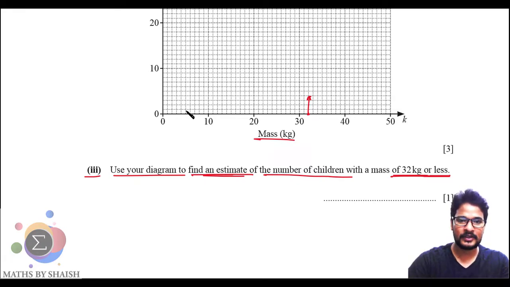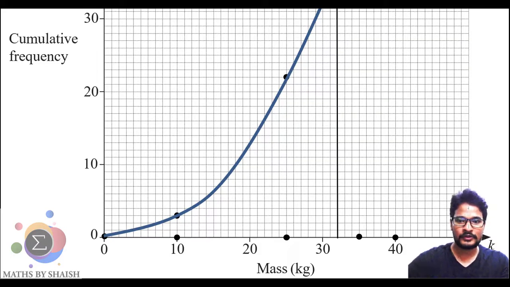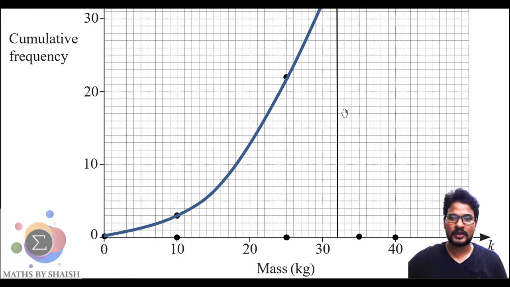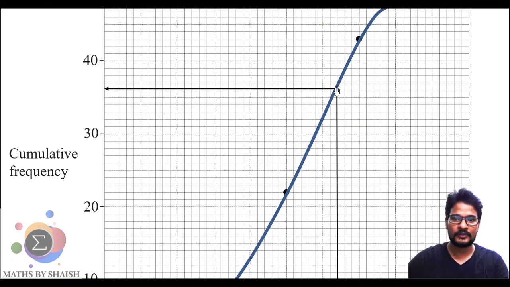So we will see from the graph again. Here we can see this is 32, then we go up to the graph, and we reach here, then we go across to the y-axis to get the frequency, that is the number of children. Since it is less than, we calculate from 0 onwards.